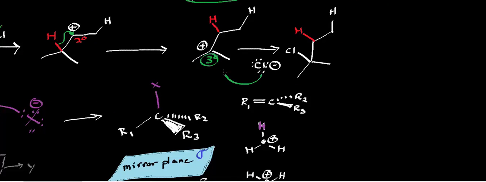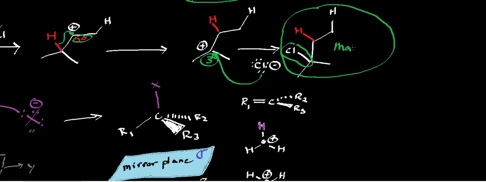So now the chloride will attack that carbocation, and it will form the bond right there. Okay? And it turns out that you can get some attack on the secondary carbocation, but the major product, let me indicate that this is the major product, is going to be with the rearrangement. In other words, where the carbocation rearranges and then the nucleophile attacks.